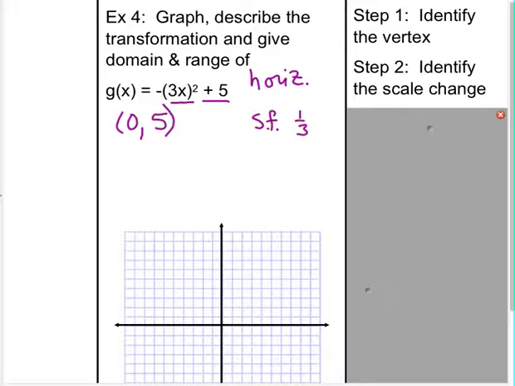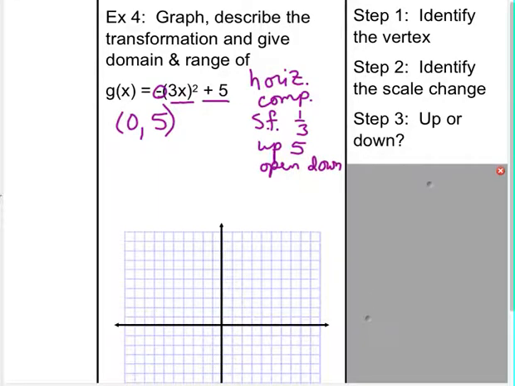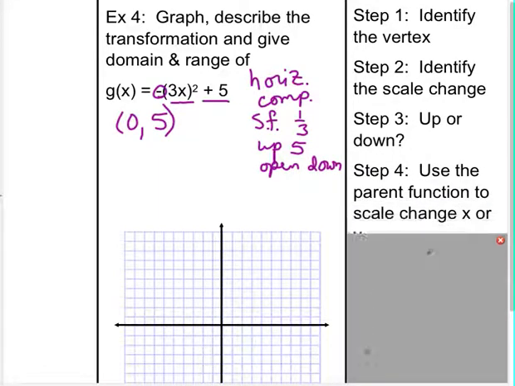Since our scale factor is between 0 and 1, we have a horizontal compression. The shift we talked about is up 5. And we're multiplying by a negative, so it opens down. And we answered step 3.